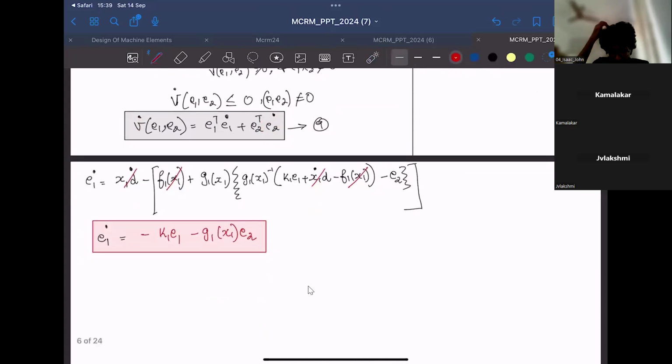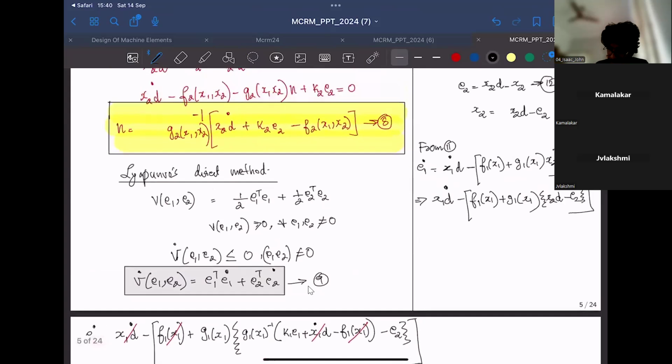I'll show an example. If E2 dot is something like, I don't know, how do I write it like that? Yeah, if I select E2 dot in a way that it is minus K2 E2 minus G1 of X1 E1.